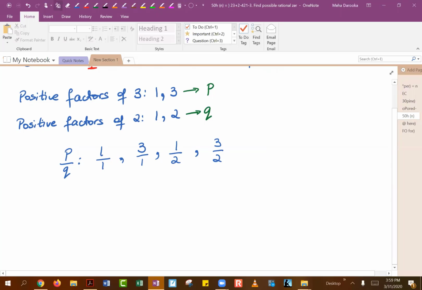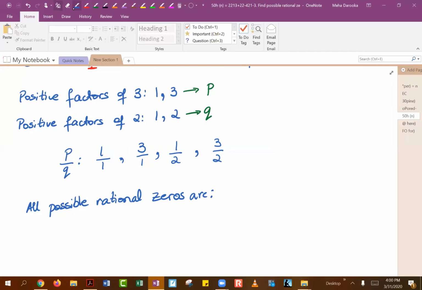Now, all the possible rational zeros are actually going to have both positive and negative signs. So that means 1 over 1, of course, you can write it as 1. 3 over 1, you can write it as 3. And then these guys will stay as 1/2 and 3/2. So that means you can have positive and negative 1, which is coming from here.